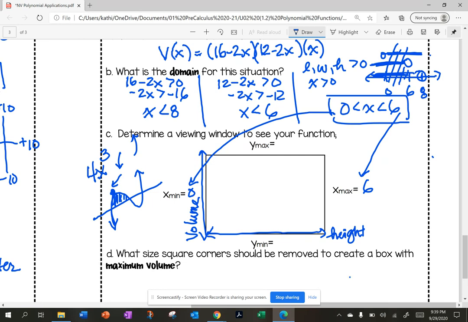I know my minimum y volume will be 0, and I just try out a couple until I find something that fits my window, and I know I can fit with 200. So I end up seeing this in my window with these settings. So I want to know what the maximum is here.